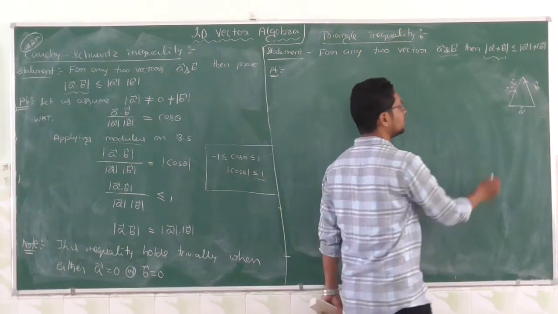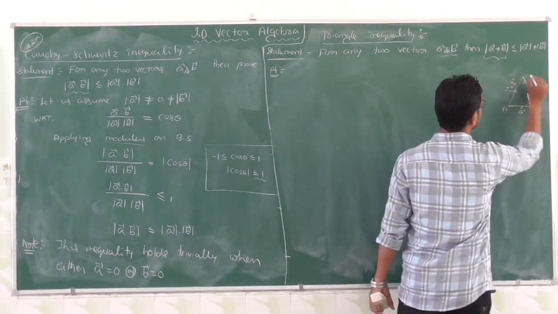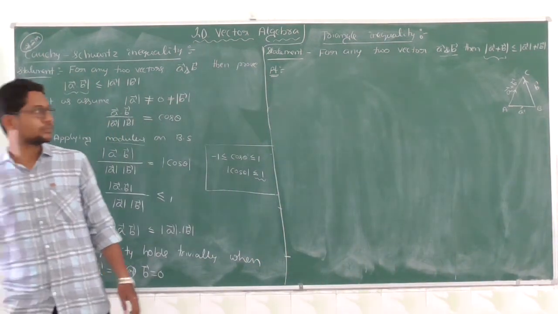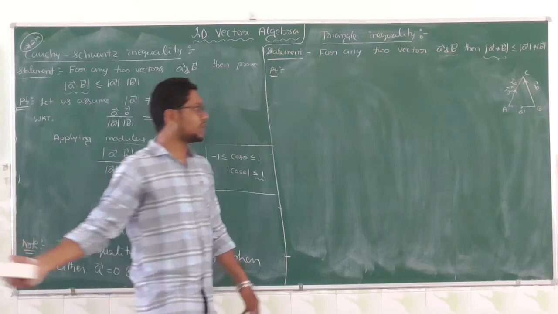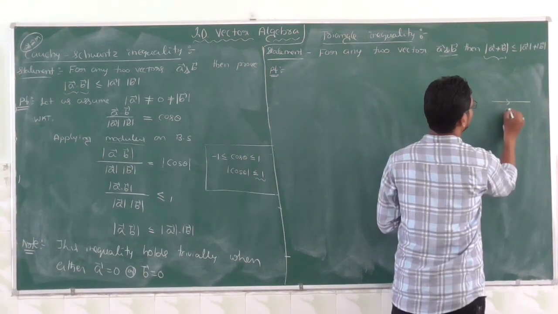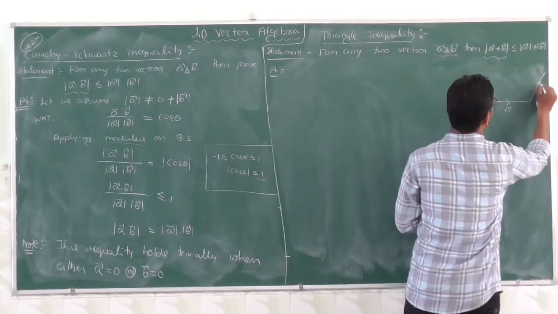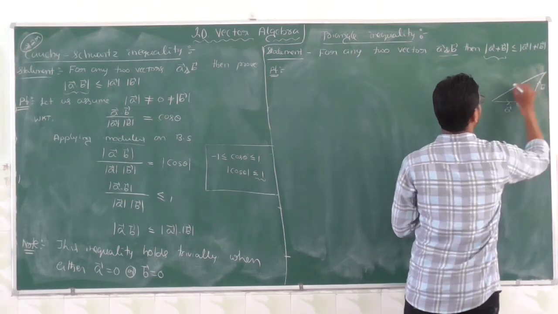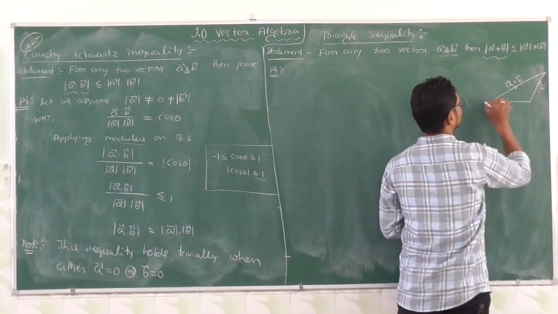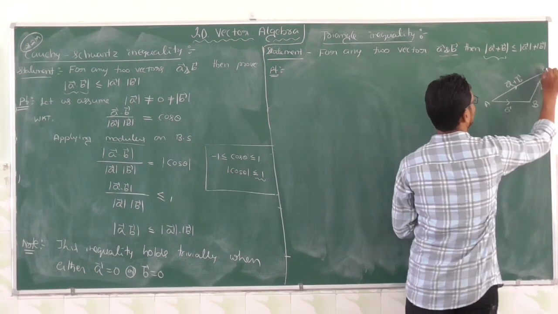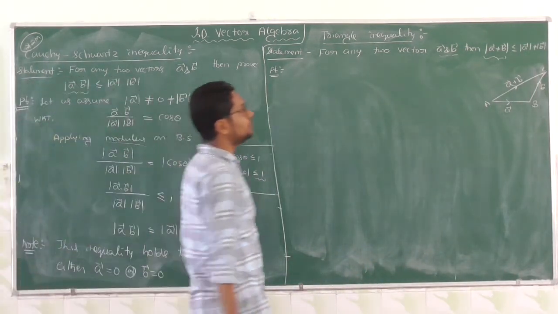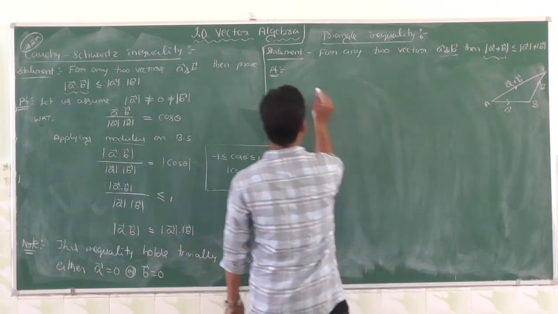This we already know from the triangle of vector addition. You can write this diagram like this: vector A, vector B, and the resultant vector A plus B, with points A, B, C. The vector AC.